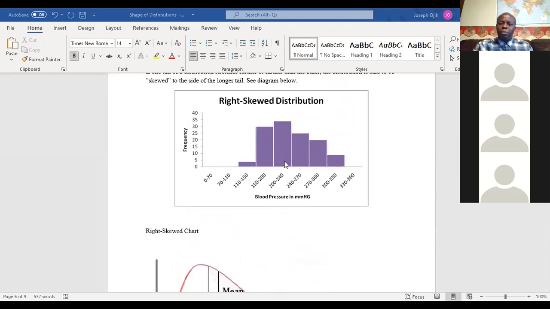Now I use blood pressure here because blood pressure can also be used to illustrate this. But let me use income. Income is usually right skewed. If I plot the income of people in Maryland in a bar graph like this, you will see that we have more people with low income than people with high income. I mean, we have more people that make less than 100,000 a year than those that make more than that.